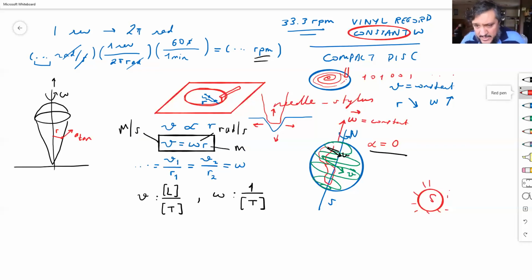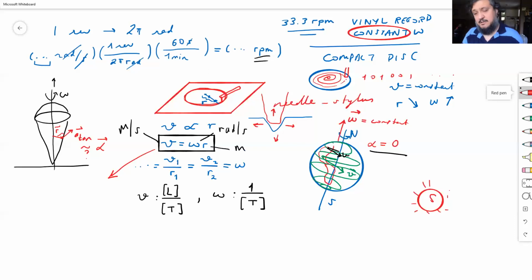But let's just focus on the tangential acceleration for a moment, which is a vector, of course. Now, how is that related to the angular acceleration vector alpha? This relation will help us understand what's going on here.